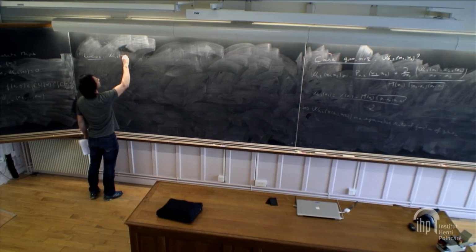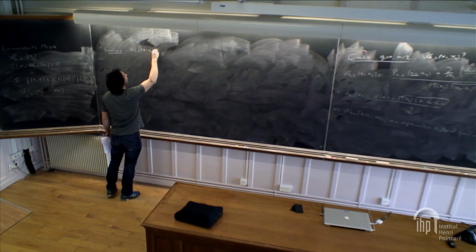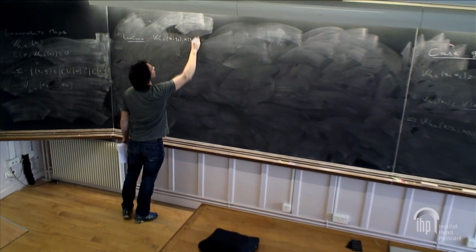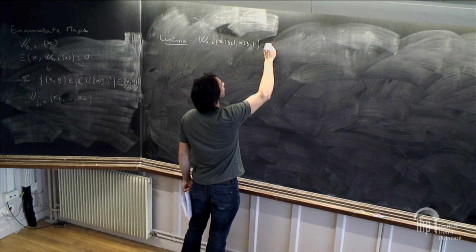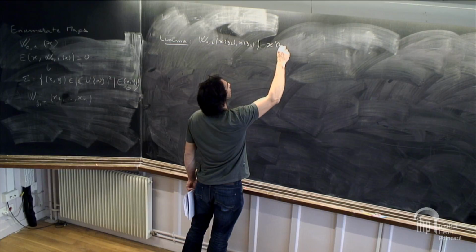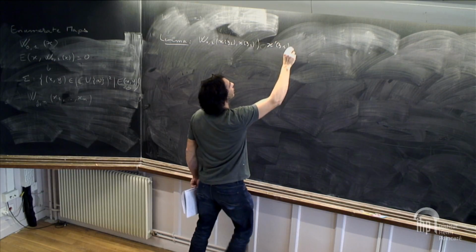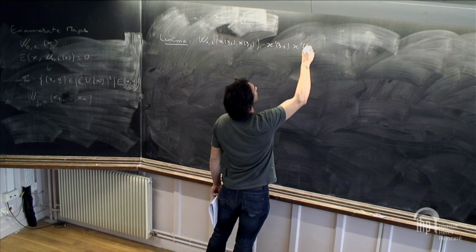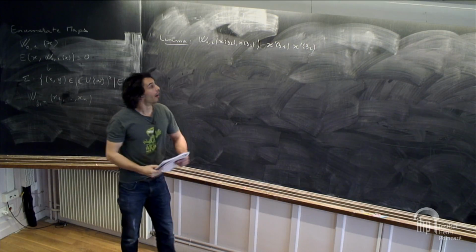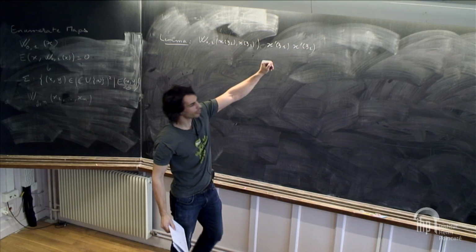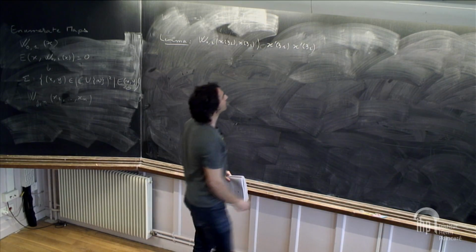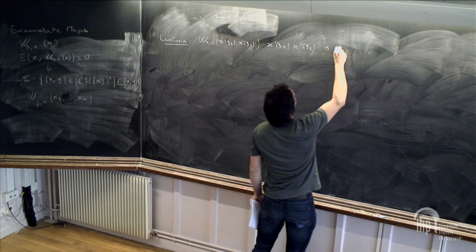If you look at this function of z1 and z2, so you take W02 of x of z1, x of z2, and you multiply by x prime of z1, x prime of z2. The reason why I do that will become clear later today, I guess. It is still a rational function.